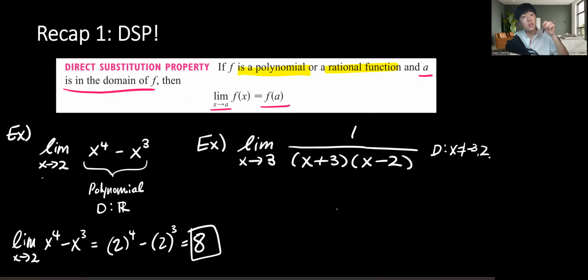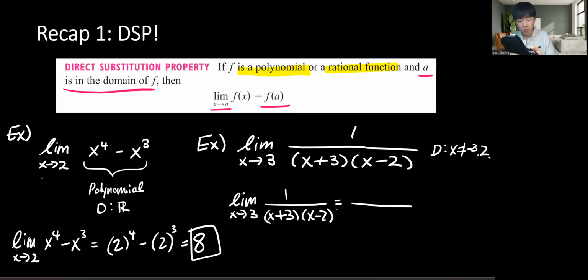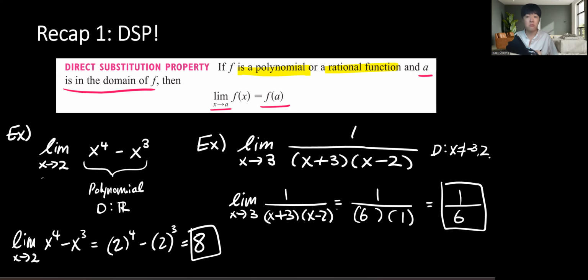We're just plugging in that value, which means the limit as x goes to 3 of 1 over (x plus 3)(x minus 2) is equal to, plugging in the value, 1 over 6 times 1, which is equal to 1 over 6. Pretty simple.